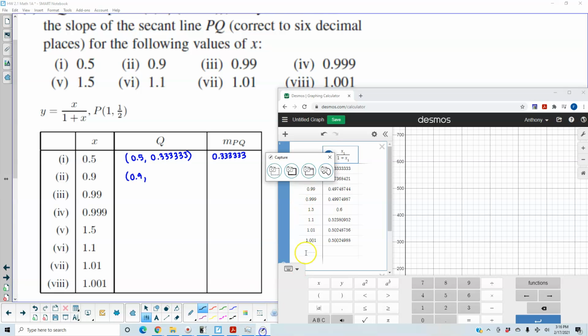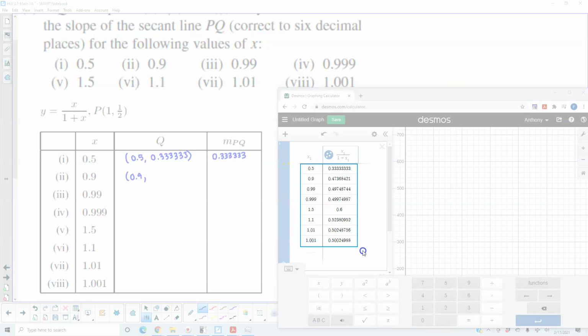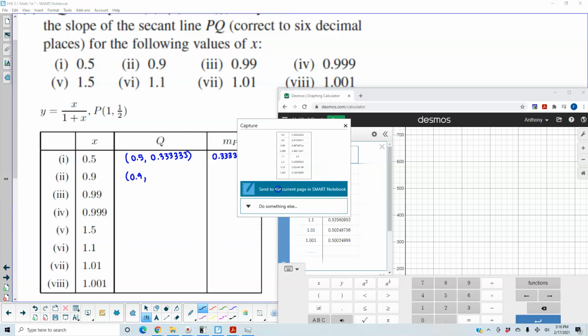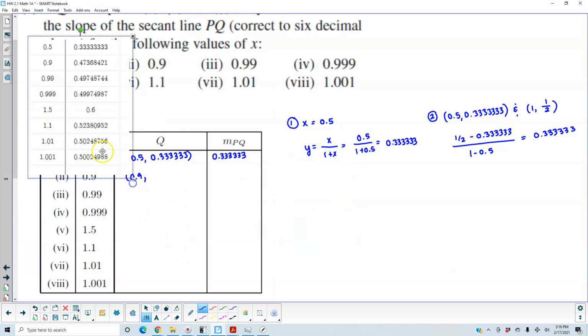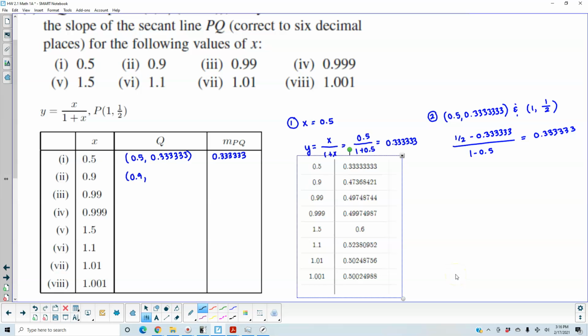Let's copy that just so that we can write it in our table. So our y value is going to be 0.47368421.